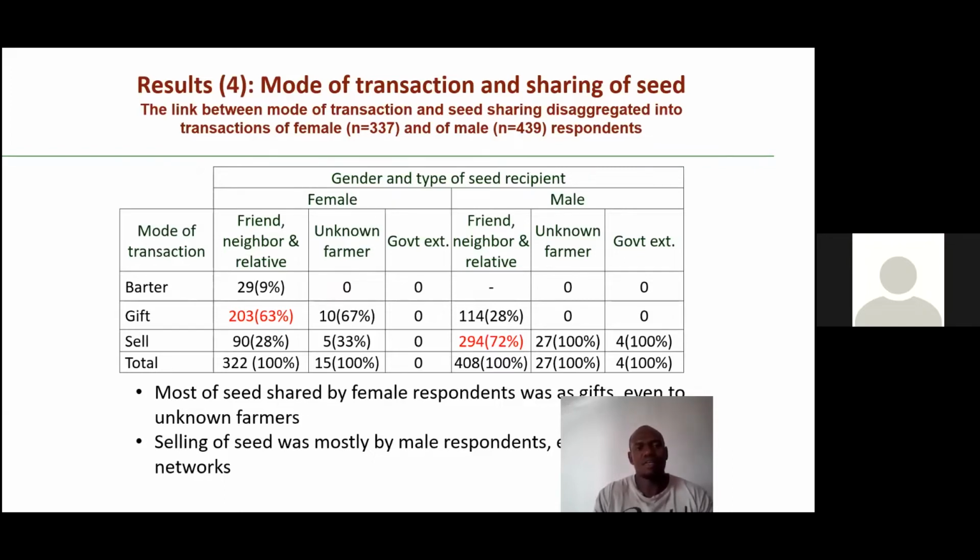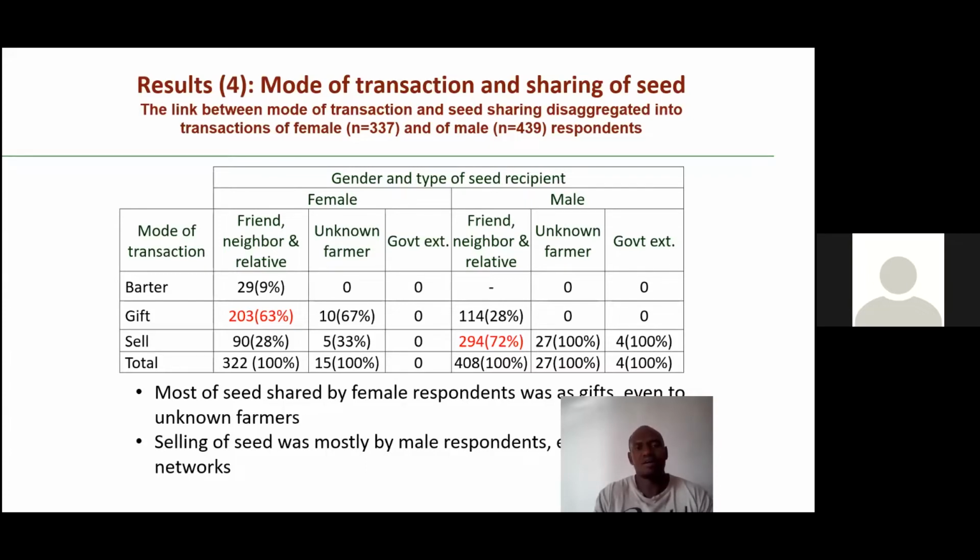And we realized that most of seed shared by female respondents was as gifts, even to unknown farmers. That is shown, as you can see on the second row on gifting, and you can see there was 63% of transactions to friends, neighbors, and relatives was through gifting, whereas to unknown farmers it was actually 67%.